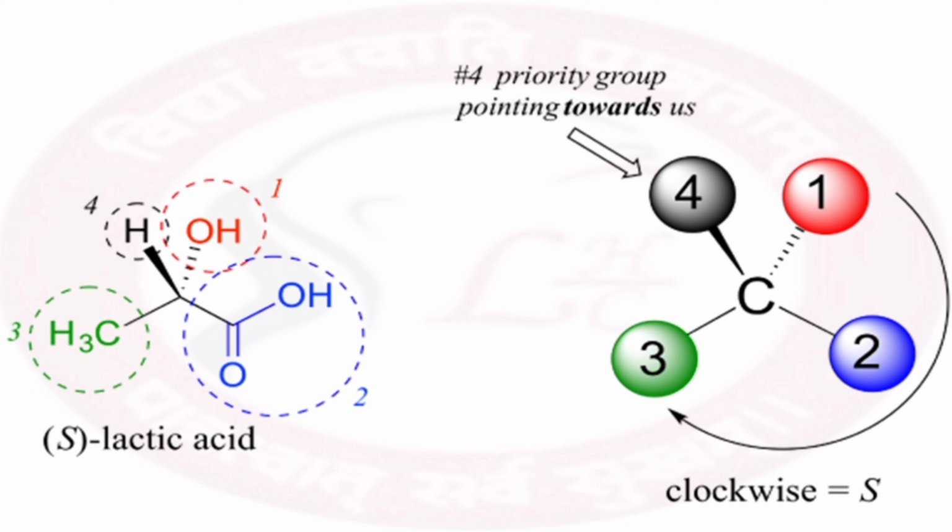Then priority number is assigned to atoms that are attached directly to the stereogenic carbon. So what happens if there are two substituents with the same rank? In such a case, simply proceed along the two substituent chains until you find a point of difference. So the four atoms attached directly to the chiral carbon, or we can say the stereo center.